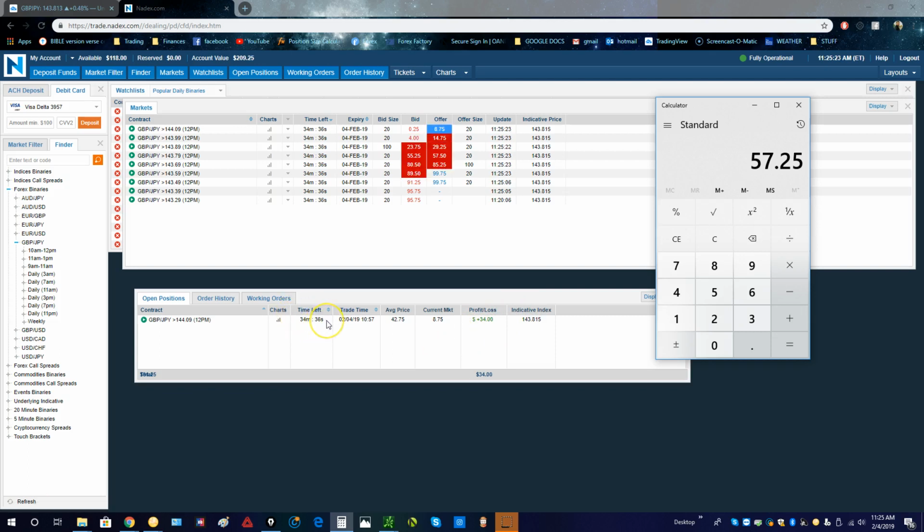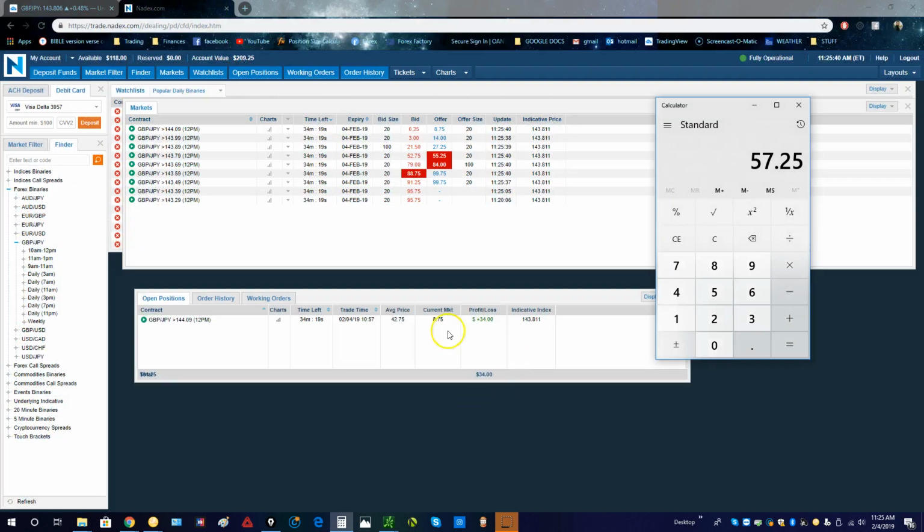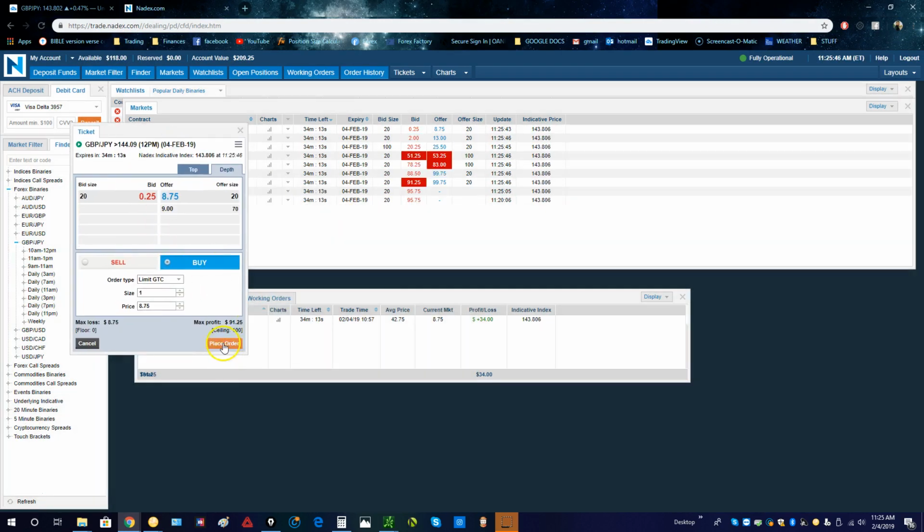The potential is there. I have 30 minutes left, but the contract is essentially dead. And what that means is I have to hold for another 34 minutes to capitalize on this $8.75. Now, personally, I don't feel like it's necessary to hold that entire time in order to capitalize on that extra $8 or $9.